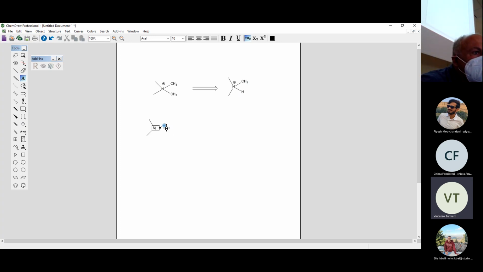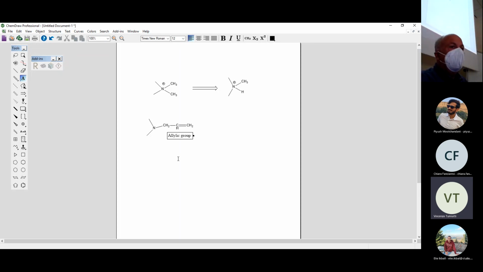For example, if we have this type of substituent, this is called an allylic group.